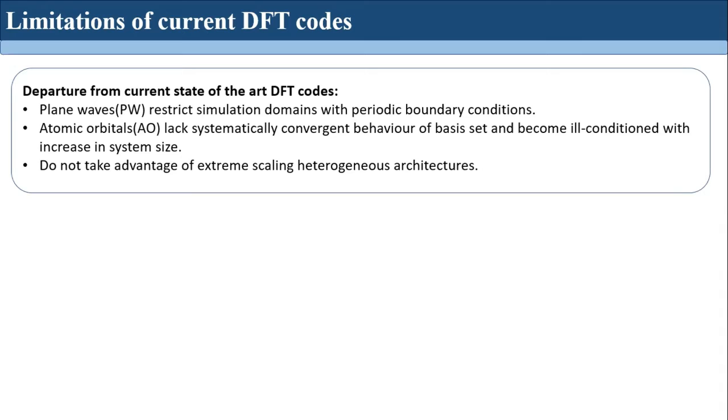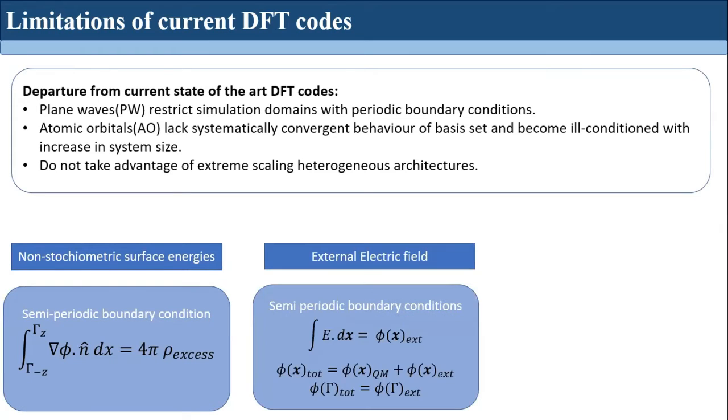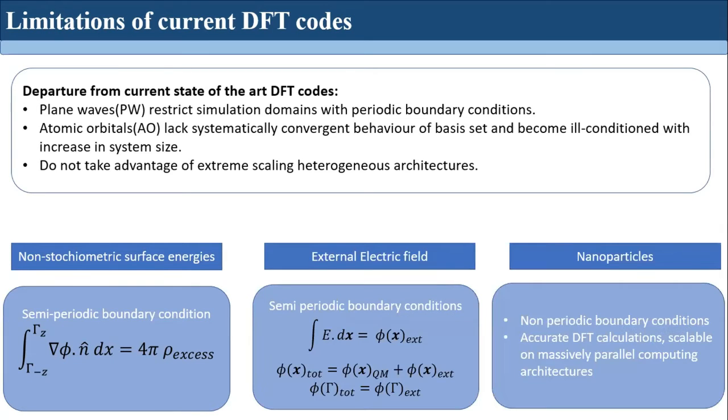Also, in the exascale era of today, we would like to take advantage of the heterogeneous CPU-GPU architectures that are available. So, for the three problems I am interested in, I would require a basis that is extremely scalable, that can handle periodic, semi-periodic, and non-periodic conditions, and that can compute for about 10,000 atoms.